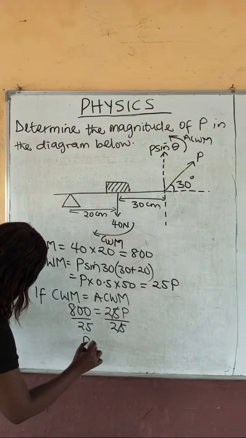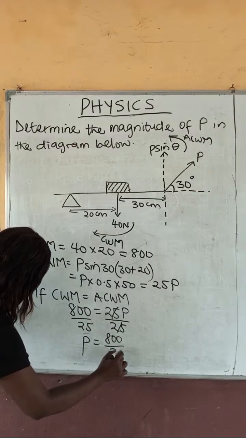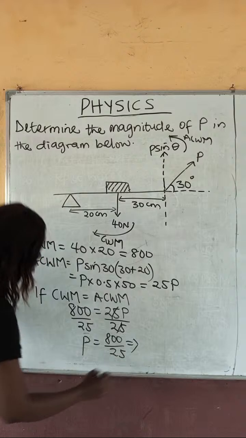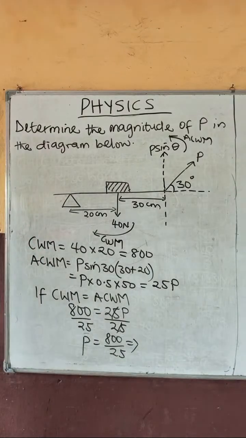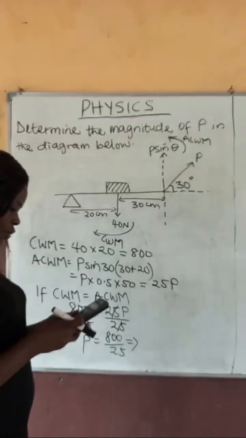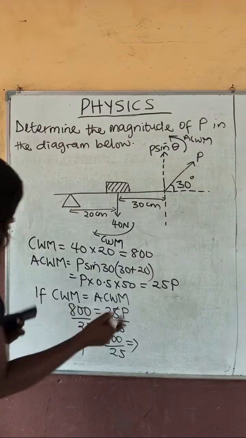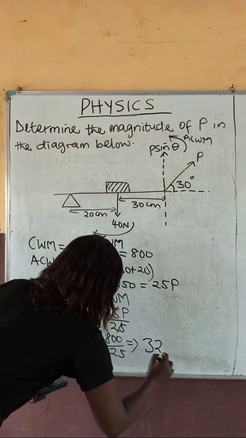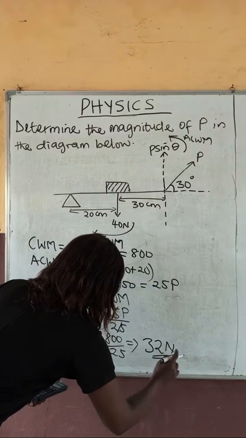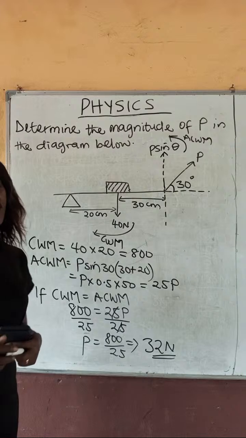So my P is equal to 800 over 25. With the help of a calculator, you say 800 divided by 25, and my answer becomes 32 Newton. Do we understand? Right.